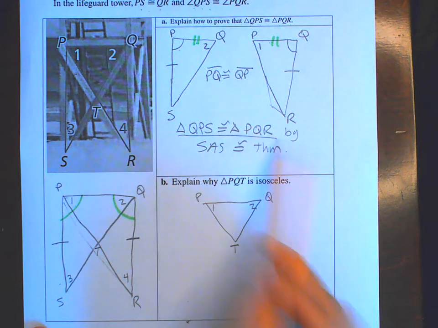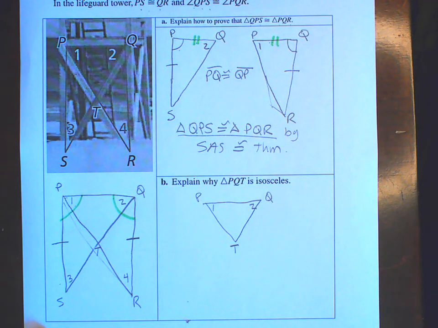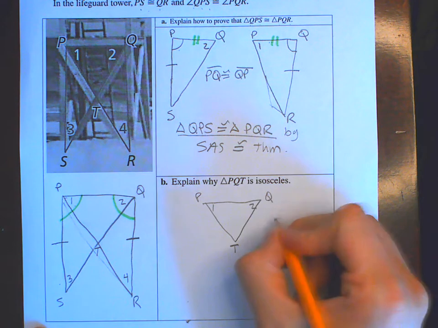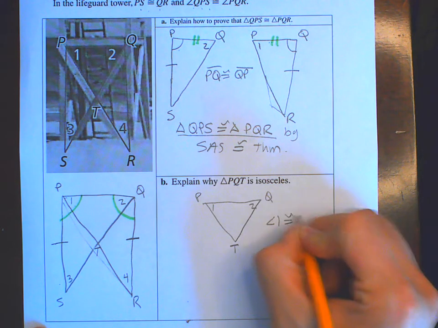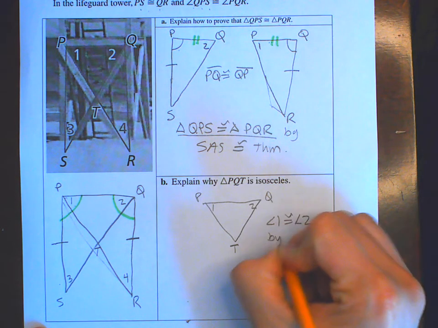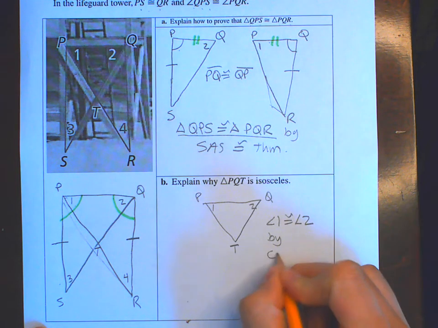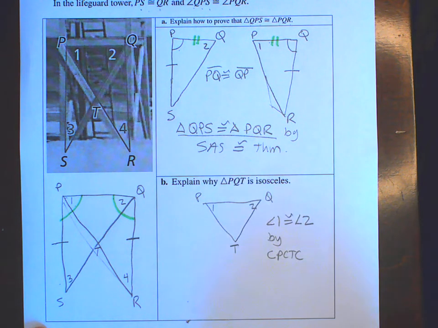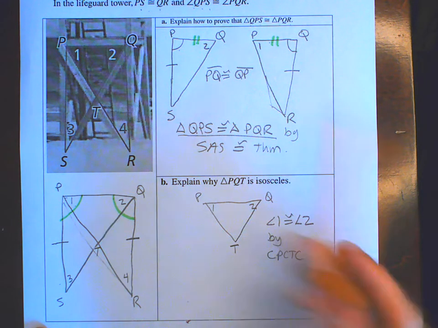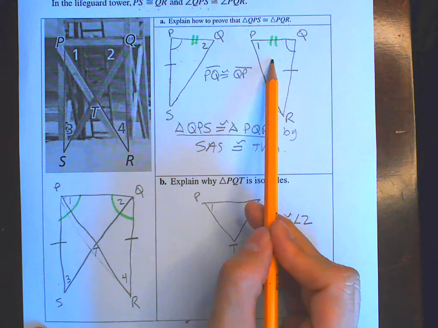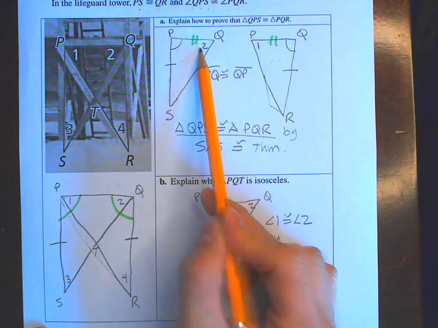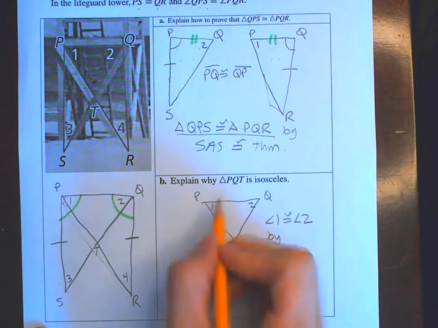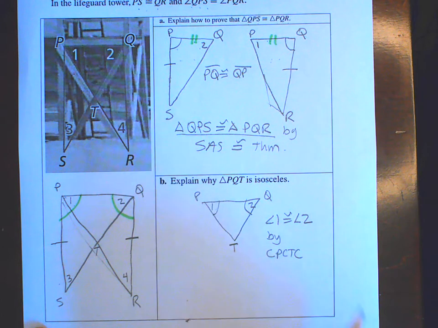Now, because we just proved that the triangles are congruent, angle 1 is congruent to angle 2 by, do you remember what it is? CPCTC. Corresponding parts of congruent triangles are congruent. Okay, so up here, the triangles are congruent, therefore 1 and 2 are congruent. So now 1 and 2 are congruent, okay? And by the, what's it called?